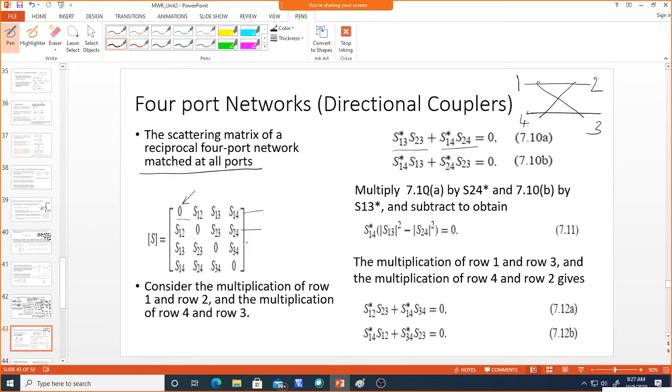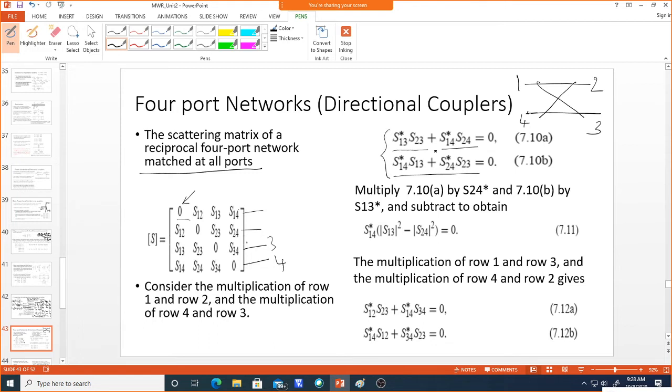Now if I multiply rows 3 and 4 in the S matrix, you will get this equation. Just check it: 0 into S34 and 0 into S34 will become 0. So only these elements will be there, that is S14 complex conjugate into S13 plus S24 complex conjugate into S23. That will become 0.